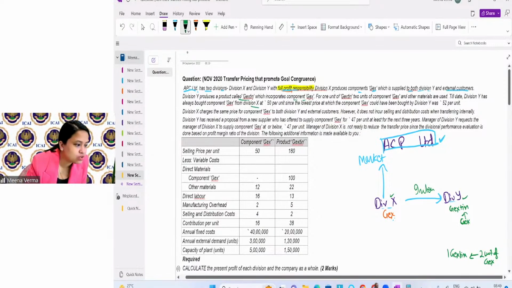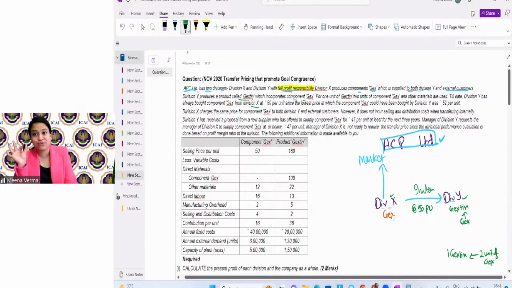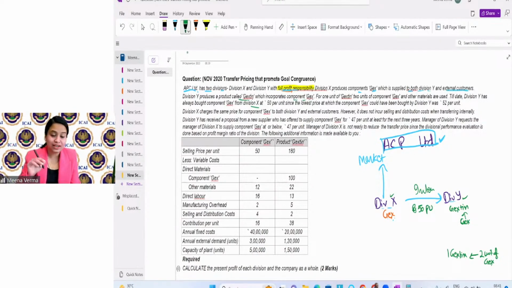Division Y has always bought the component Jex from division X at rupees 50 per unit. So it is given that they have purchased all the units internally at rupees 50 per unit. The transfer price is 50 actually, it is given.